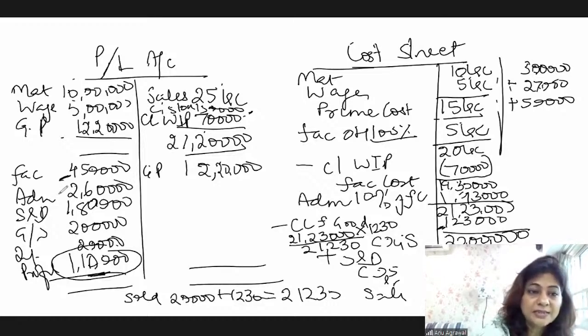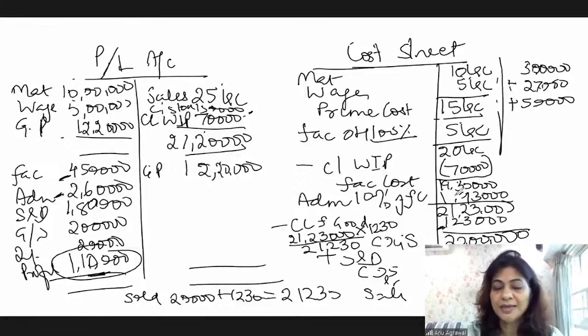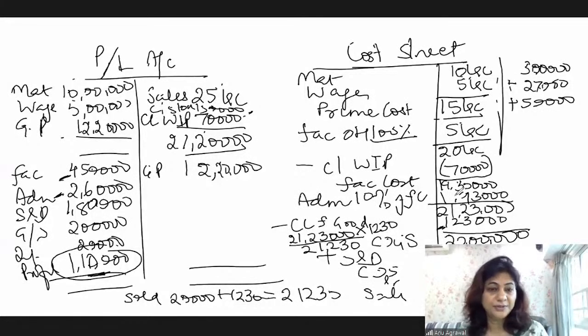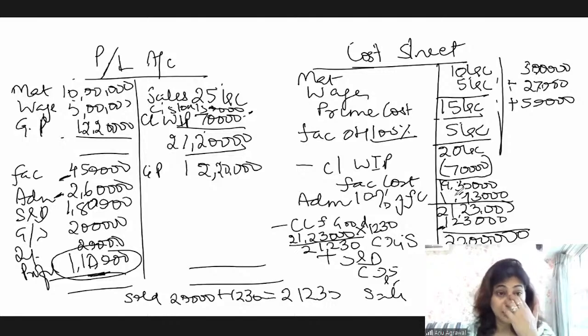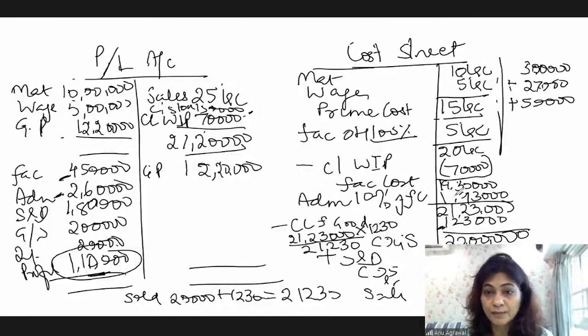The next difference I can see is administration. Administration here is 2,60,000 and here it is 1,90,000. How much is the difference? 2,60,000 minus 1,93,000 is 67,000. The expenses are charged more in finance, but charged less here. So you have undercharged in costing.